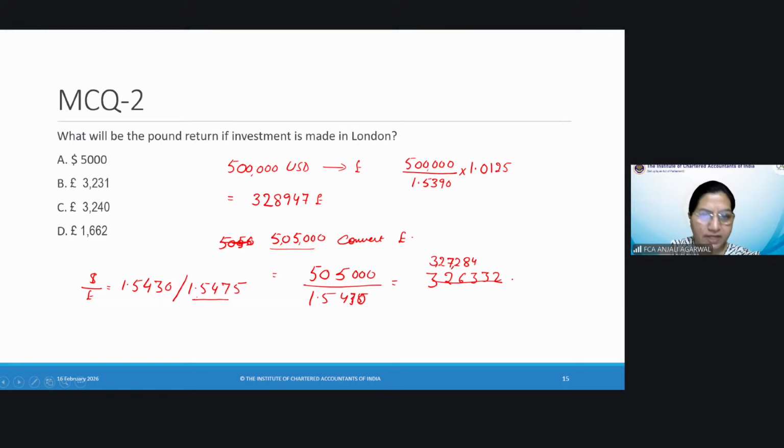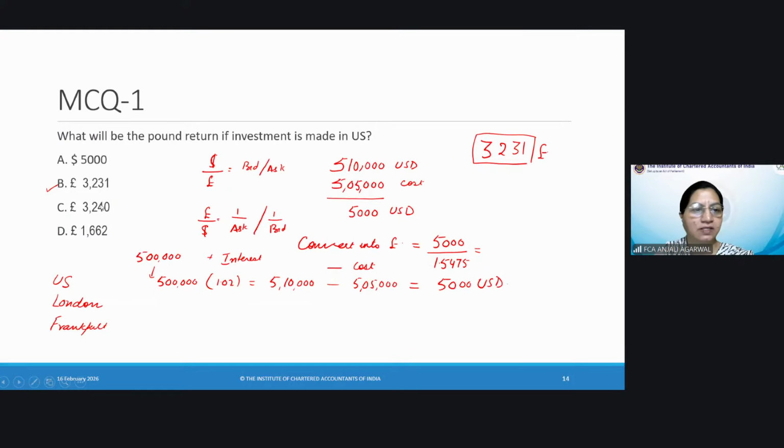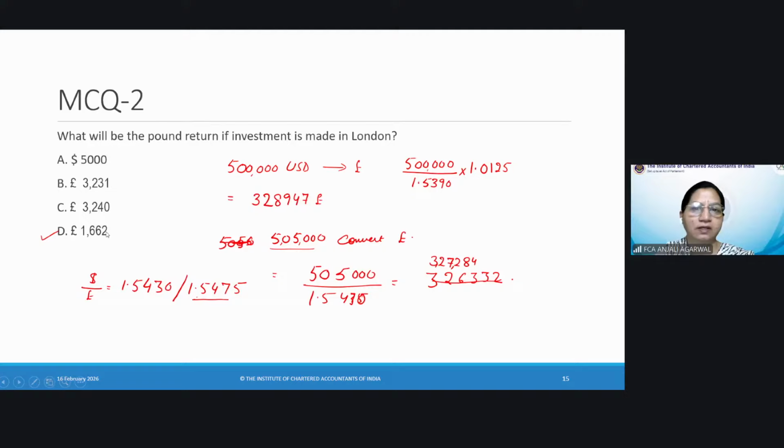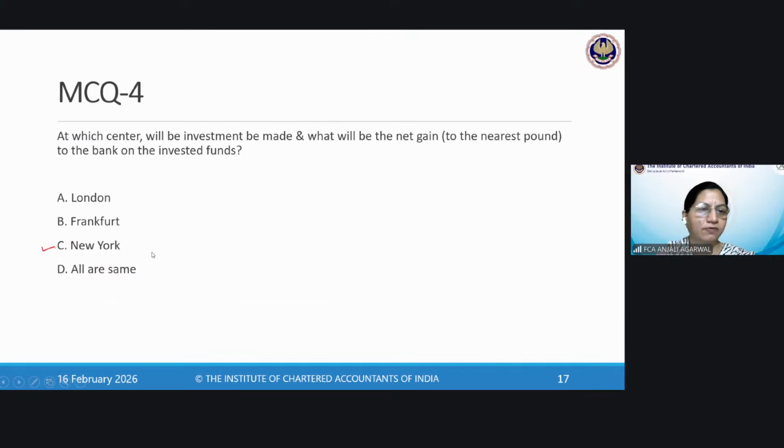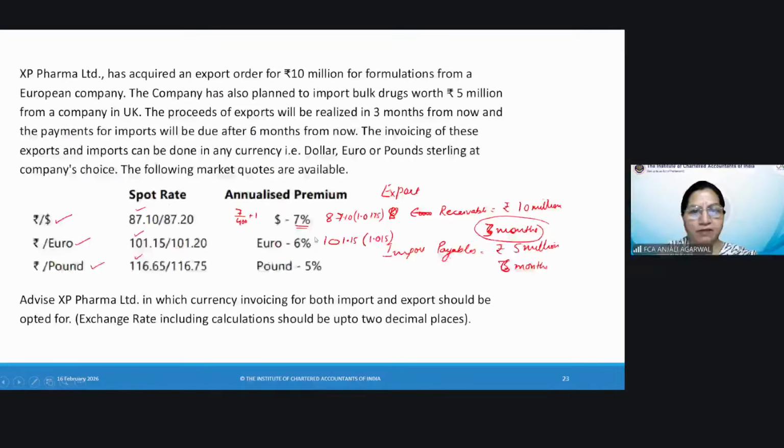So 328,947 minus 327,284 gives you 1662. So when we were comparing, in US it is giving 3231, in London it is giving 1662, and in Frankfurt it is giving 2047. So therefore it's best to invest in New York.